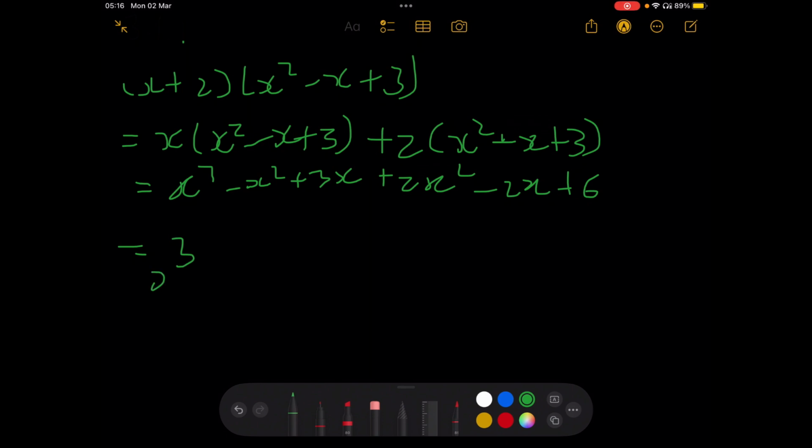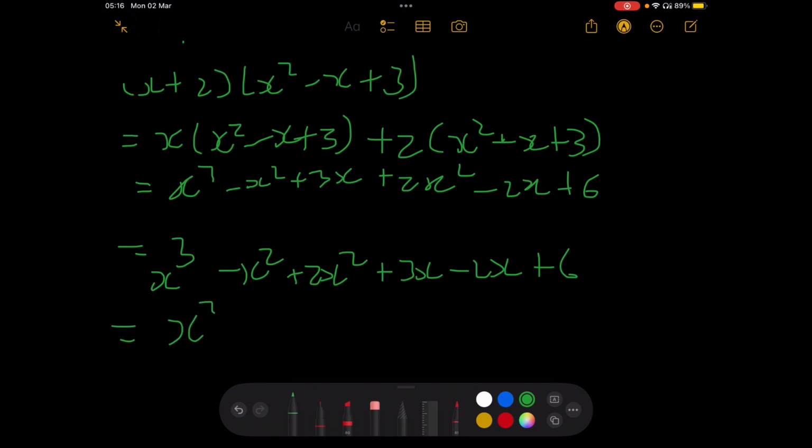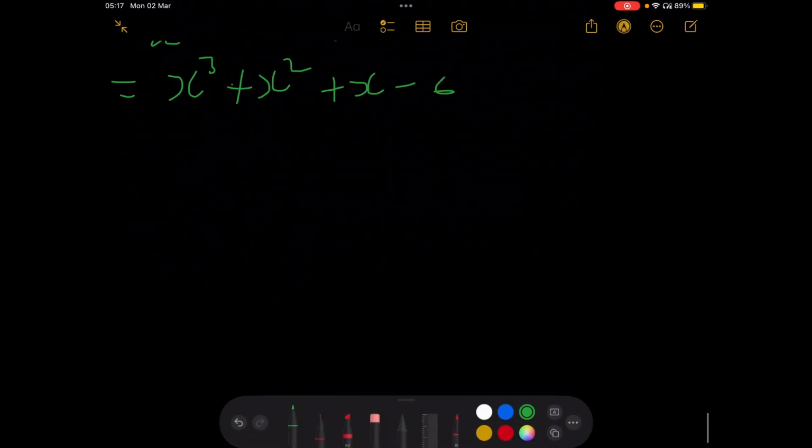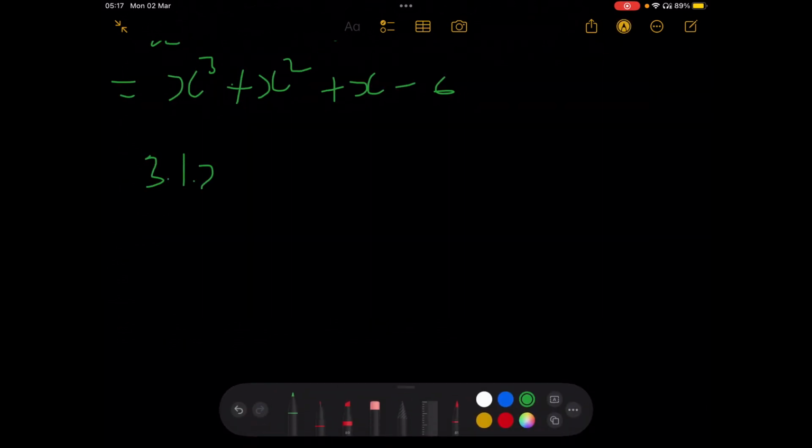Then we can group those terms which are alike. So it's x cubed minus x squared plus 2x squared plus 3x minus 2x plus 6, which gives us x cubed plus x squared plus x plus 6. The second one is a fraction, 3.1.2, that says 5 over x plus 3 minus 3 over 2 minus x.